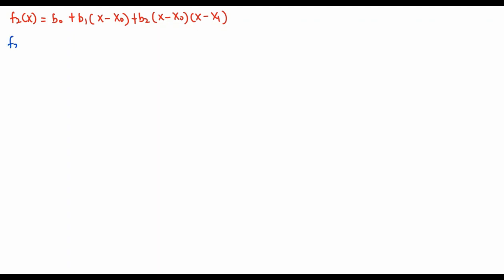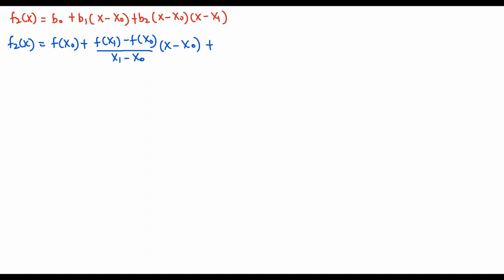So you're going to have f2 of x to be equal to b naught, which is now f of x naught, plus b1, which is now f of x1 minus f of x naught over x1 minus x naught, multiplying x minus x naught, plus b2.